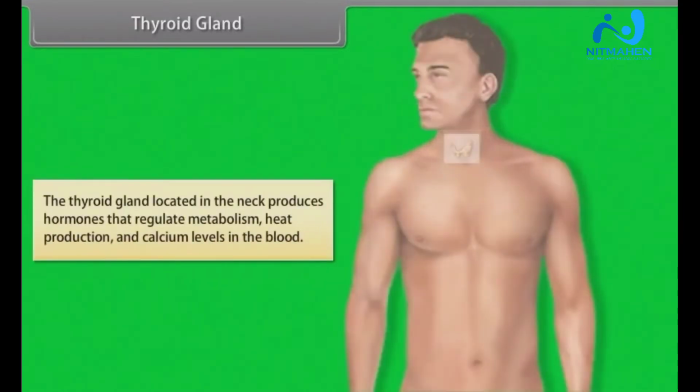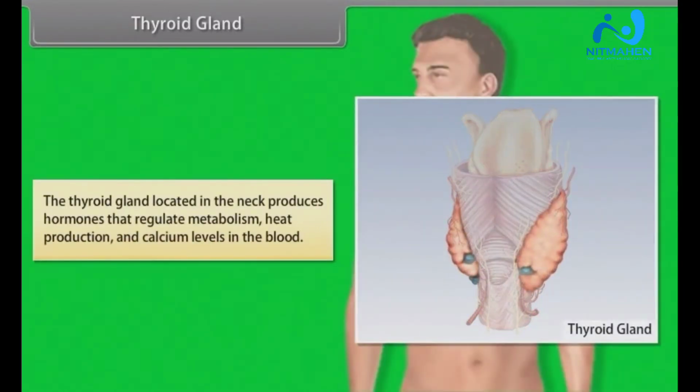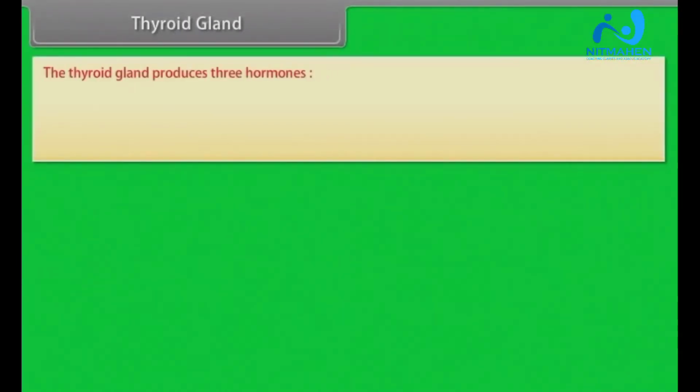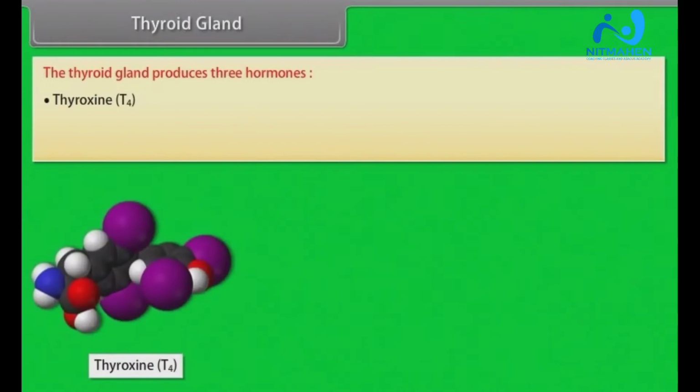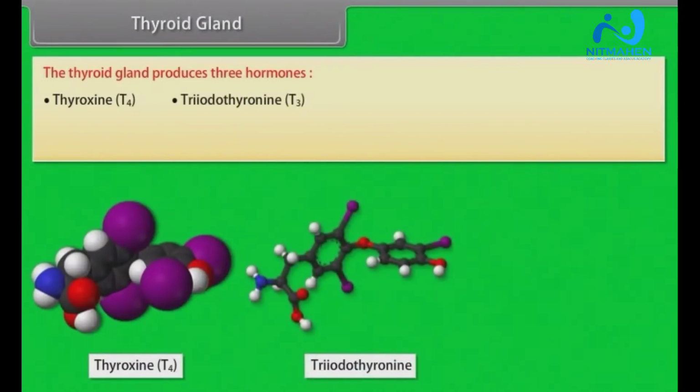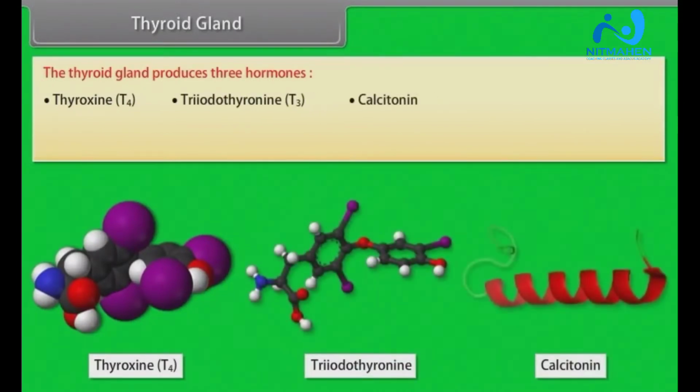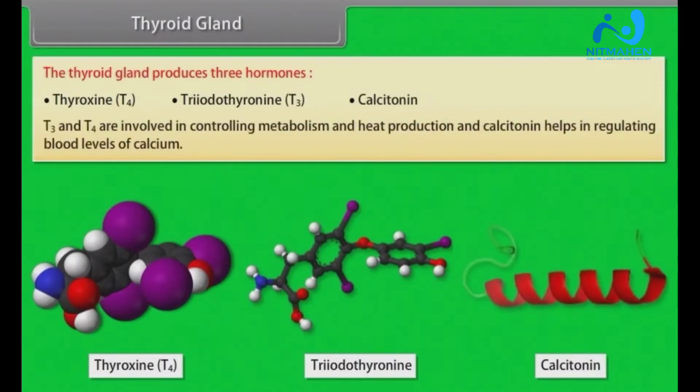The thyroid gland located in the neck produces hormones that regulate metabolism, heat production, and calcium levels in the blood. The thyroid gland produces 3 hormones: thyroxine, T4, triiodothyronine, T3, and calcitonin. T3 and T4 are involved in controlling metabolism and heat production, and calcitonin helps in regulating blood levels of calcium.